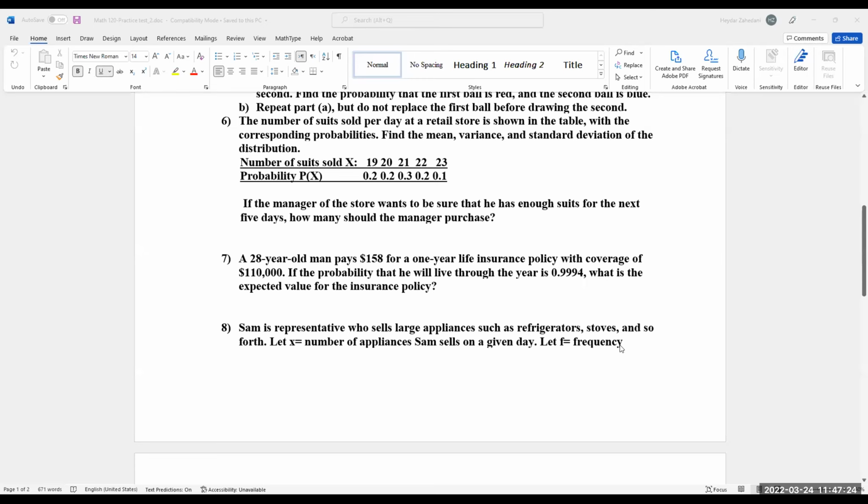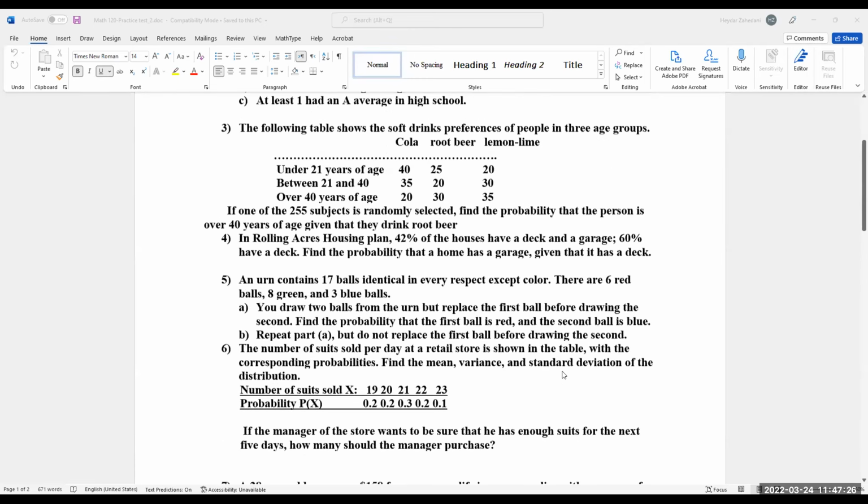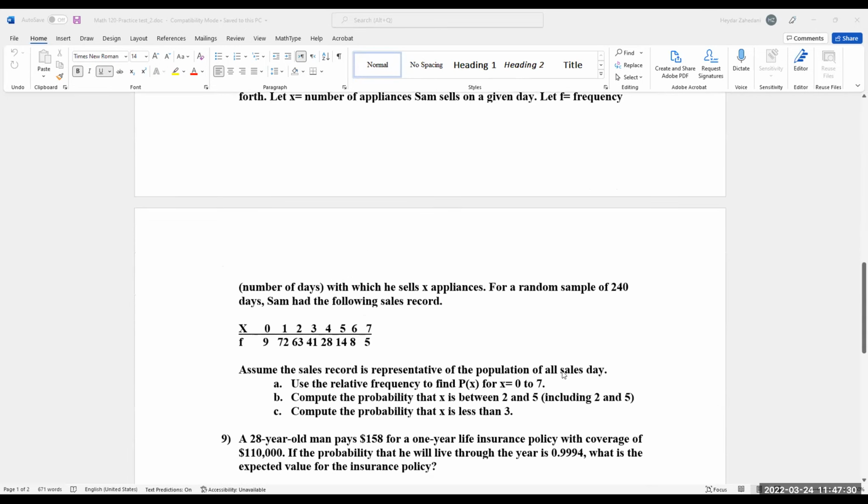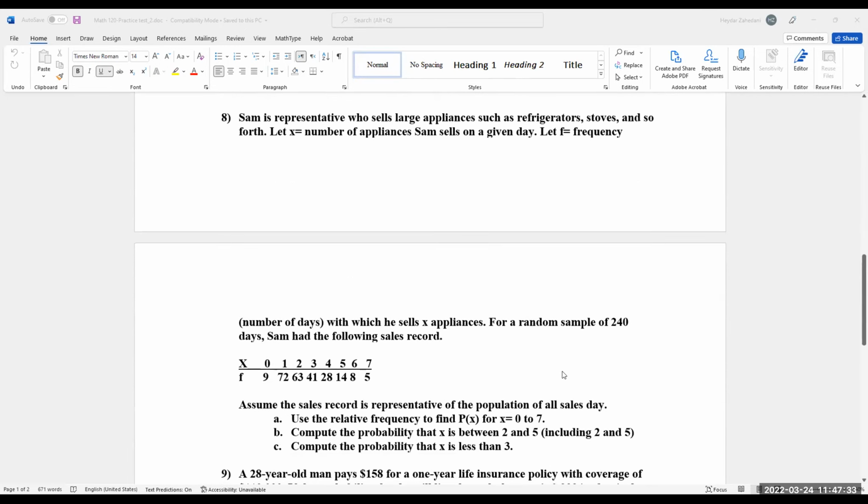This problem, just the first part is a little bit new, but otherwise it's like one of the problems that you did on the quiz. Let me see if I have it. Yes, that's problem number 8.